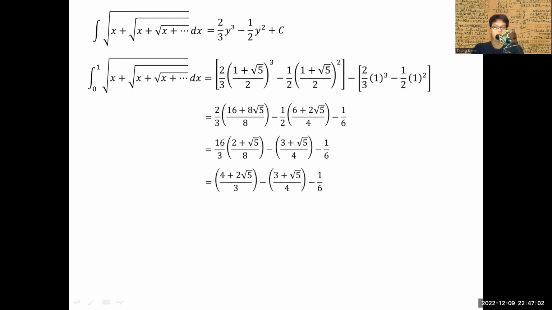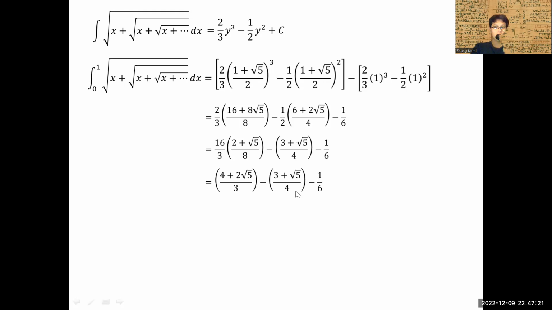So next will be (4 plus 2 root 5)/3 minus (3 plus root 5)/4. This one is not changing, this one is not changing. It's only this one, because I'm just going to throw in the terms, basically to cancel out 8 and 16 to get 4 and 2.